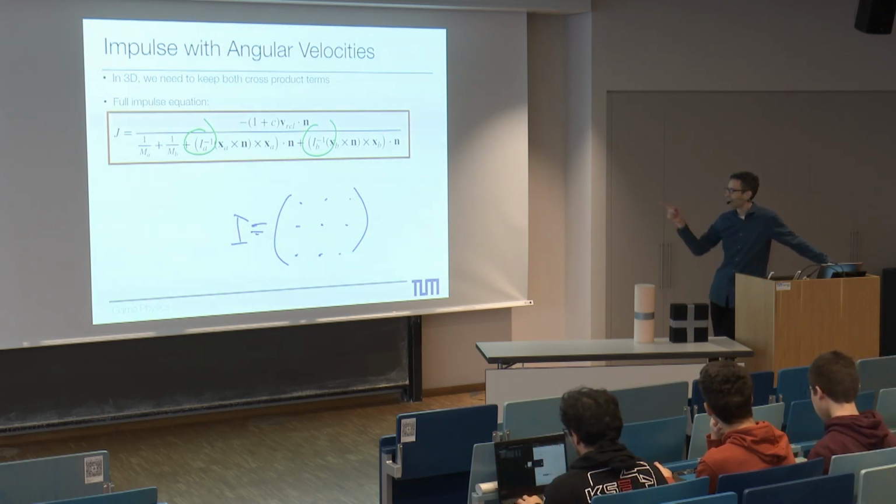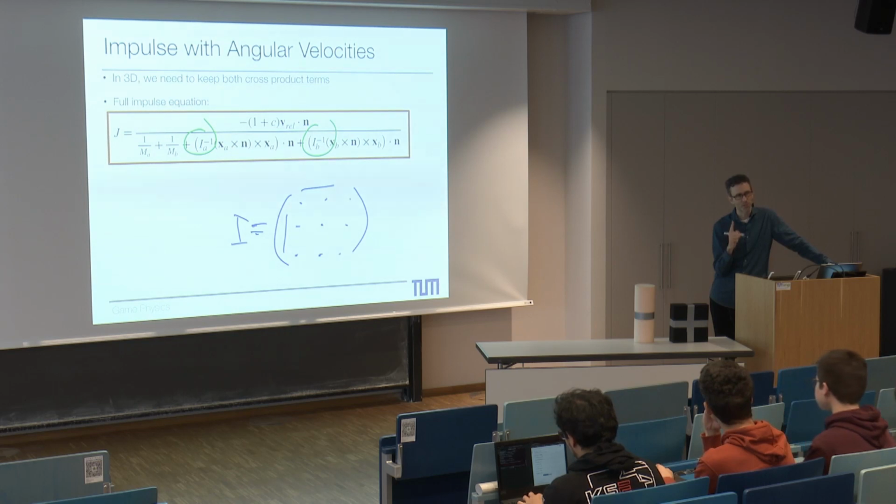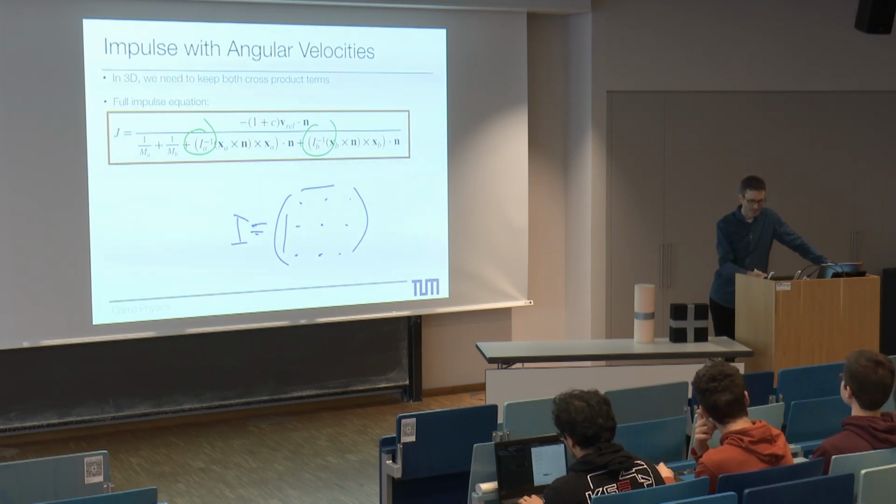In general form, this dimension depends on the number of axes of rotation you have. So in 2D we have 1, in 3D 3. Other systems you might have more. So the number of entries you have here is determined by the number of axes.